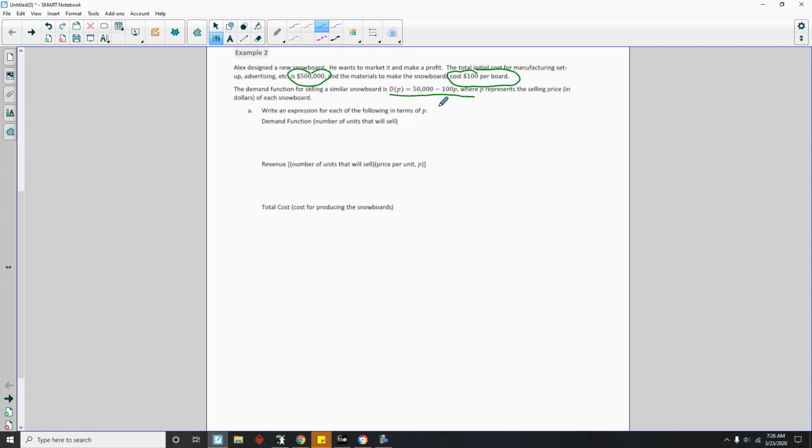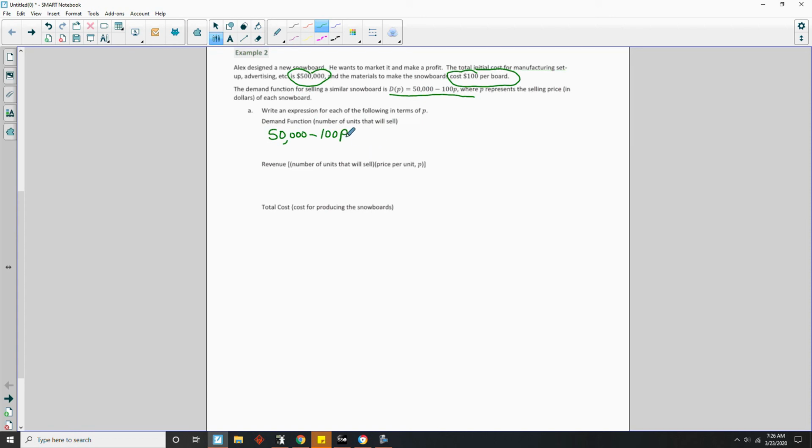Okay, so A says write an expression for each of the following in terms of P. Demand function, number of units that will sell. Well, number of units that will sell would be the 500 or the $50,000 minus $100 times P, where P is the selling price.